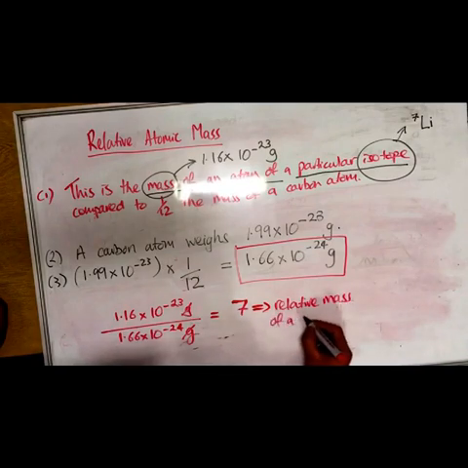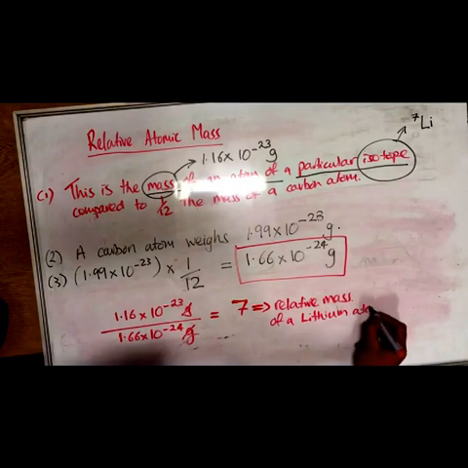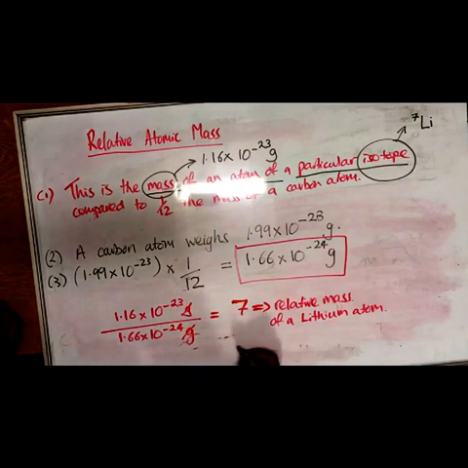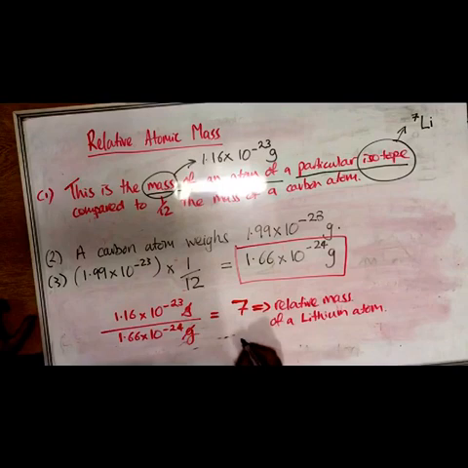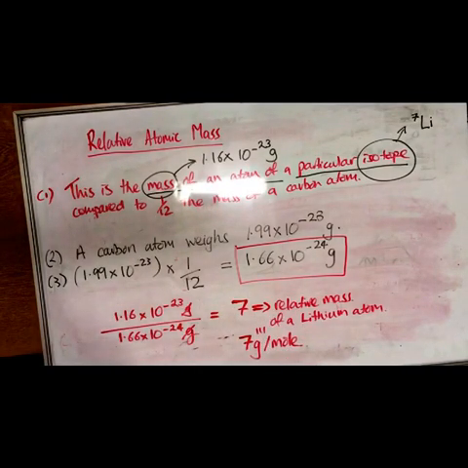Now, if you had a mole of those atoms, they would weigh 7 grams for every mole that you have. So that is also equivalent to the molar mass, but remember that the molar mass has units of grams per mole, whereas a relative mass does not have units because when you work them out, the grams cancel.